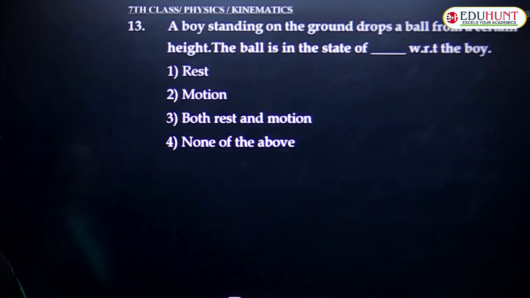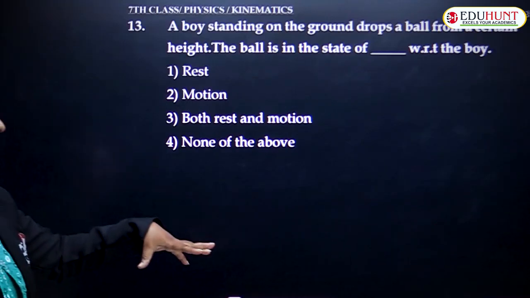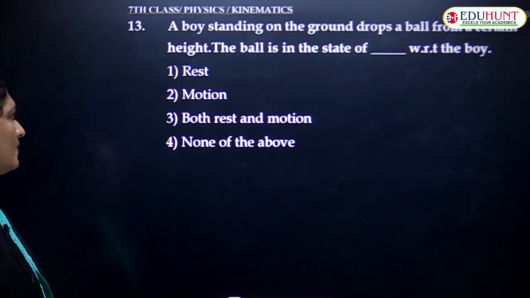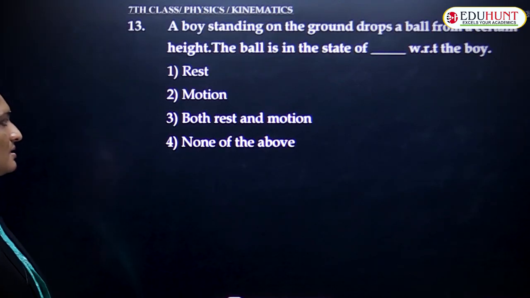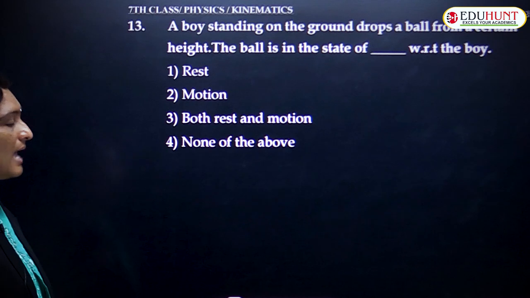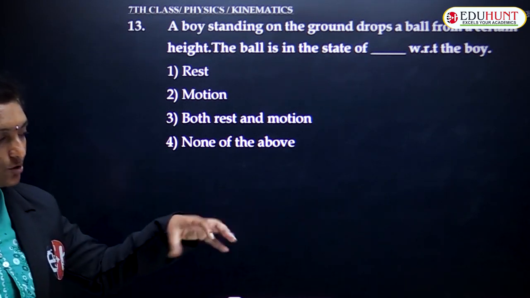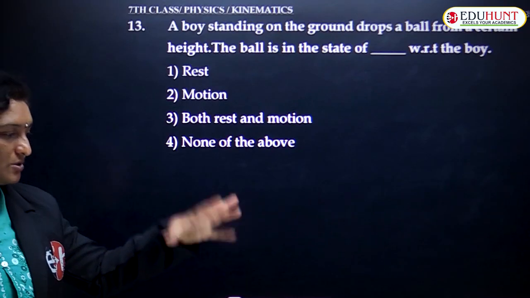Next, a boy standing on the ground drops a ball from a certain height. The ball is in the state of dash with respect to the boy. Rest, motion, both rest and motion, or none of the above. So what is happening? The ball has been dropped by the boy. Whenever the ball is dropped, what happens?